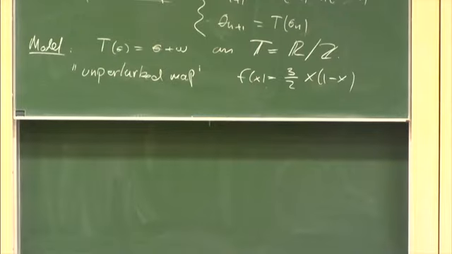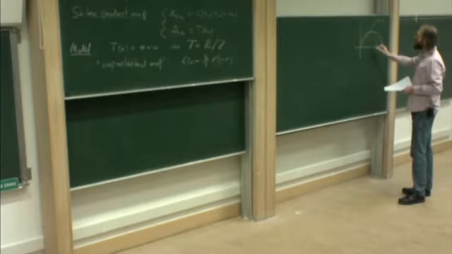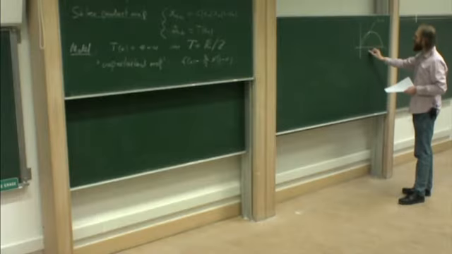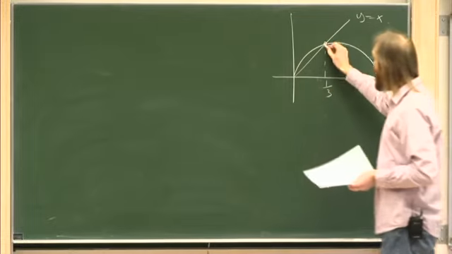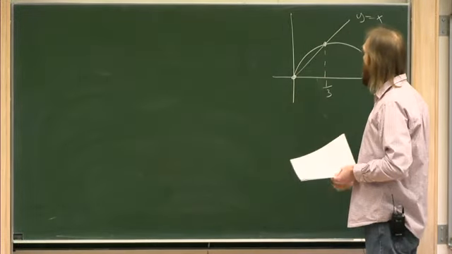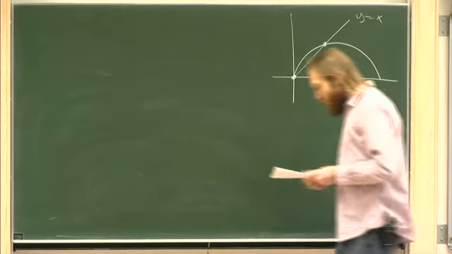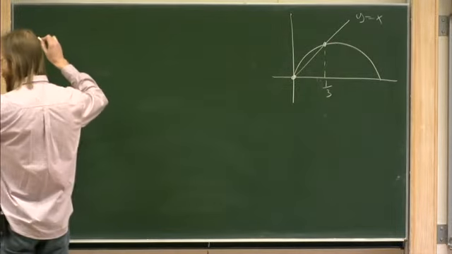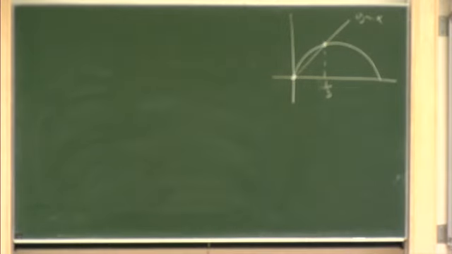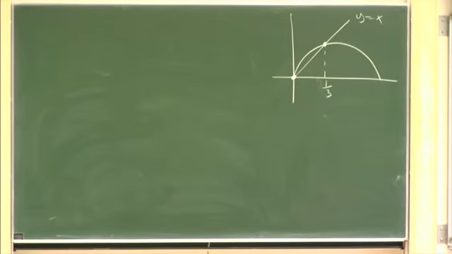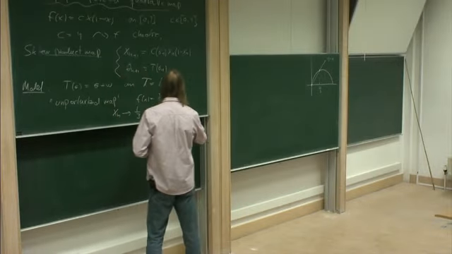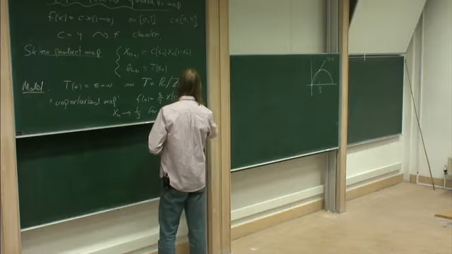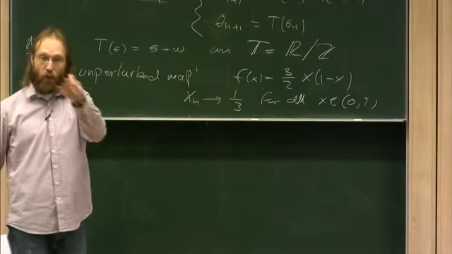This is y equals x, and 1 over 3 is an attracting fixed point, and 0 is a repelling fixed point. For this map, the iterates tend to 1/3 for all x belonging to 0, 1. Starting with any point, they are attracted to 1/3.